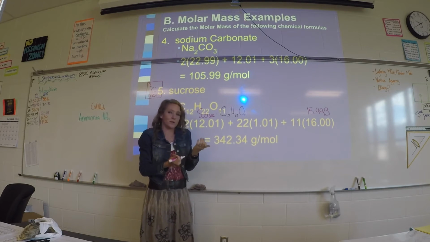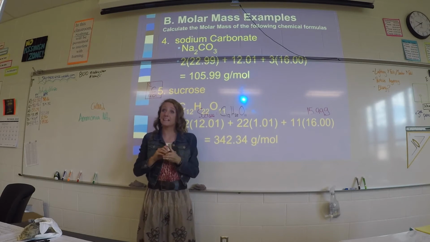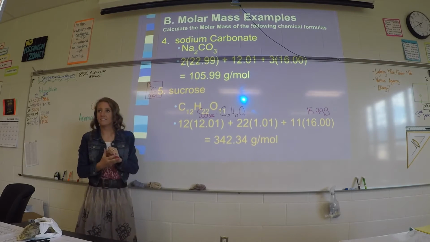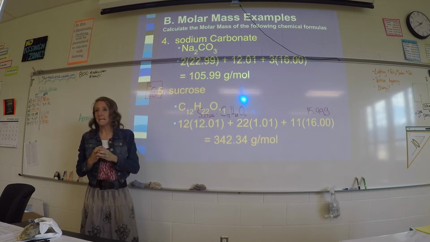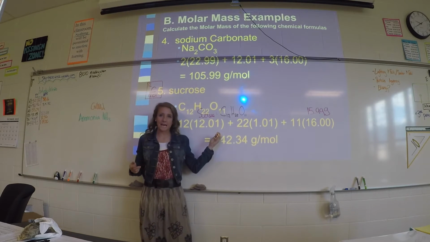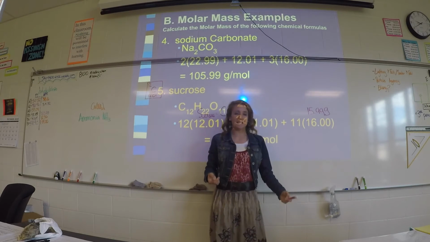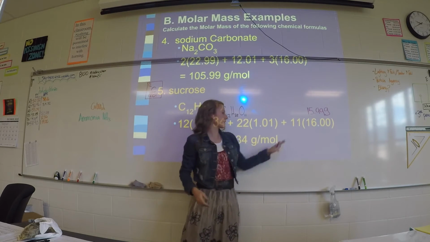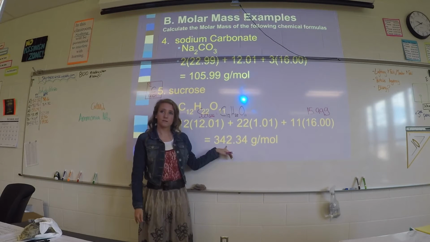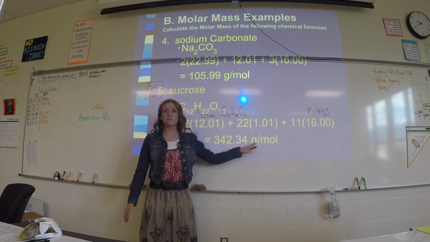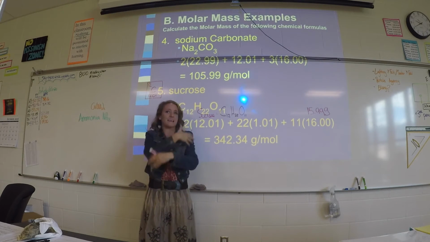It would still be right, because you're going to show me your work anyway. If I see that you waited to round until the end, and your decimal, what did you get for your answer, Brock? I got 342.30. Okay, if your decimal is slightly off because of that reason, that's fine.